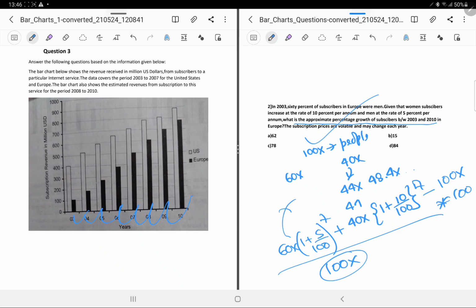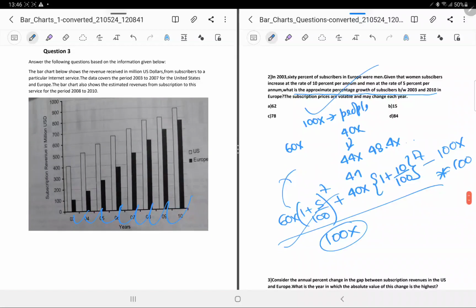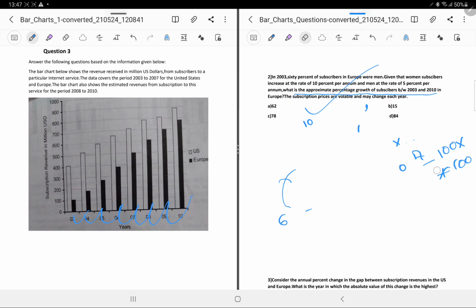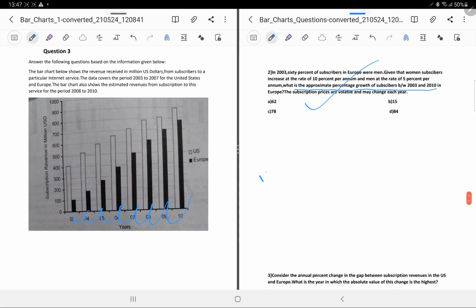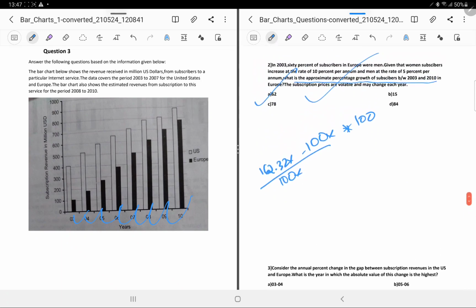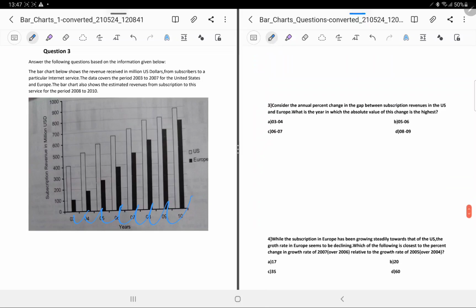If you solve it, the answer to this would be, I have told you how it will be calculated, something like 162.32x minus 100x upon 100x into 100. So the percentage would be 62. I think you got it. So 62 would be your answer. You just need to calculate that.